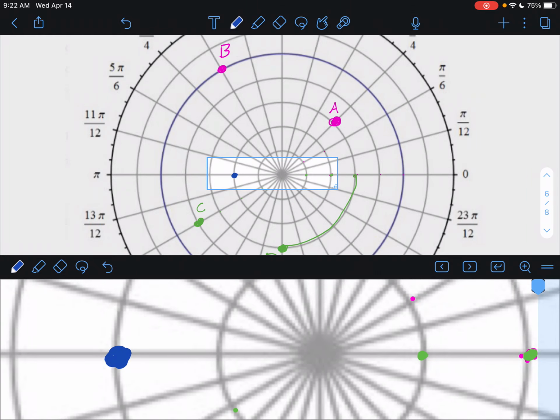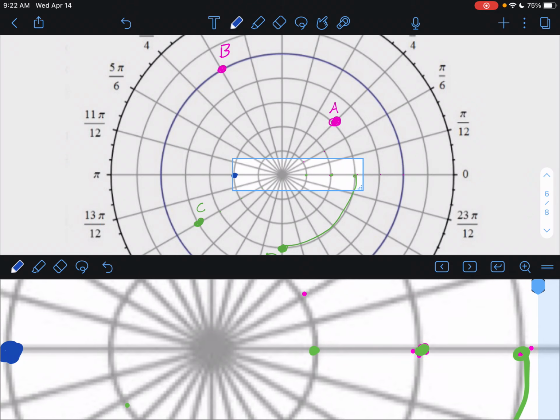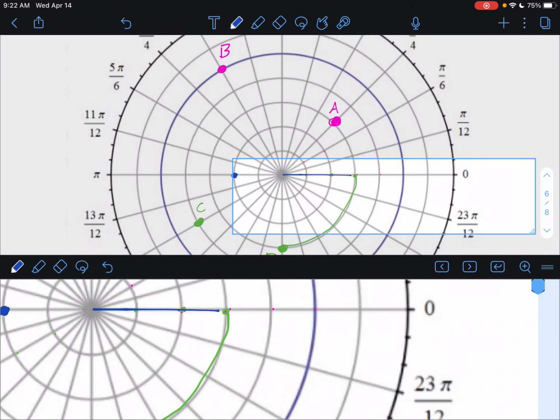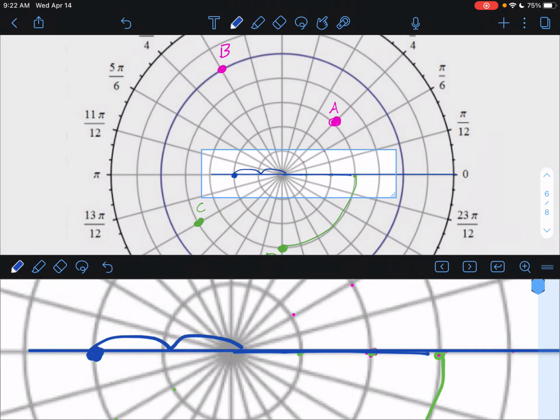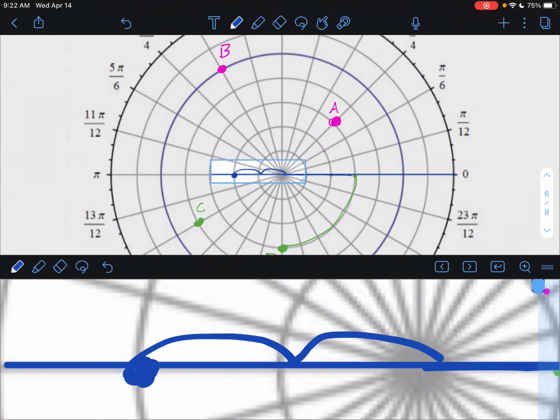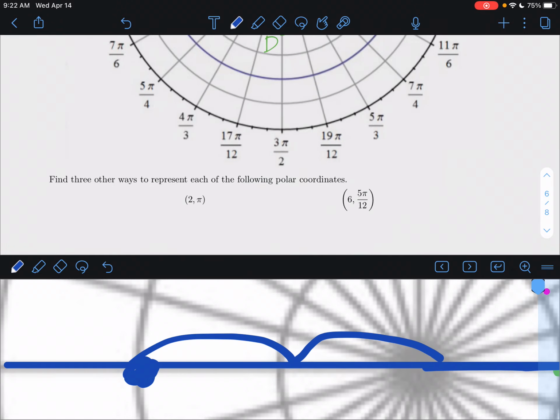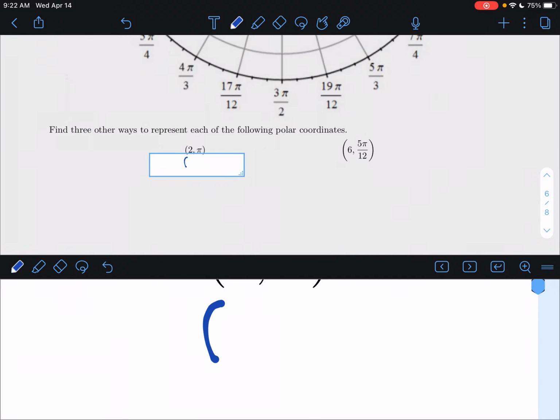If I want to find another way to write this point, what if I went 0 radians? What if I'm looking at this line for the 0 radians, and I go -2 on that line? So I could have a radius of -2 at 0 radians. So (-2, 0) would work as another point there.